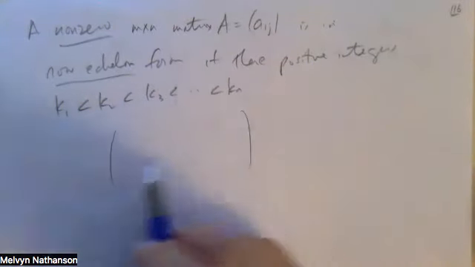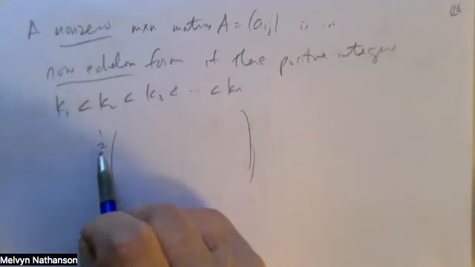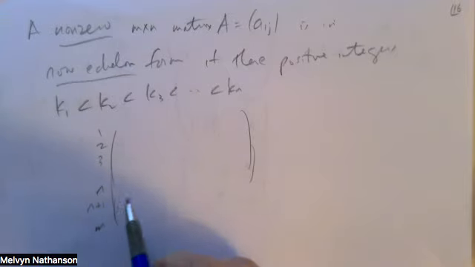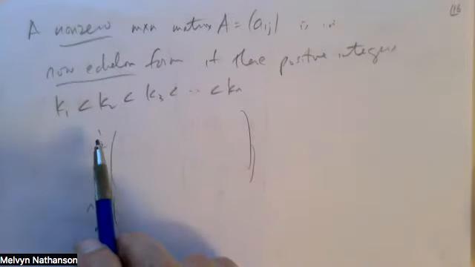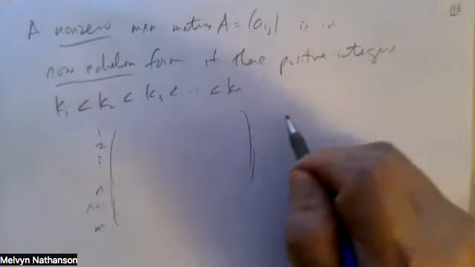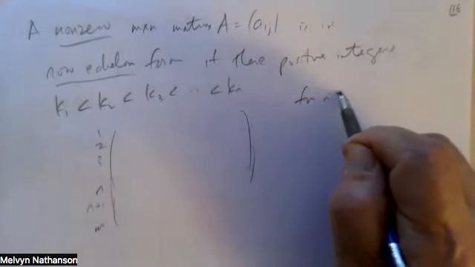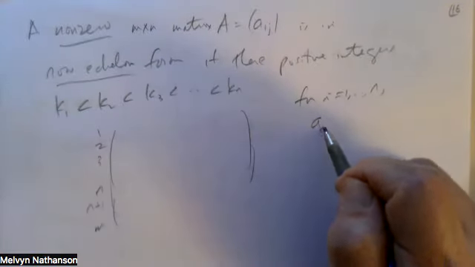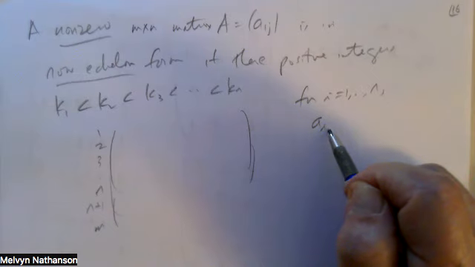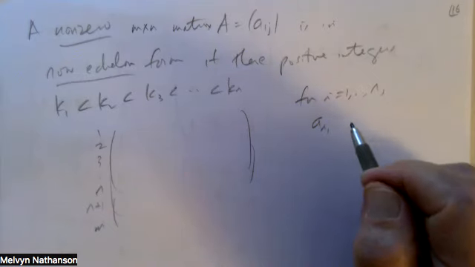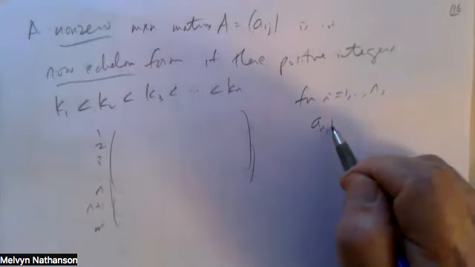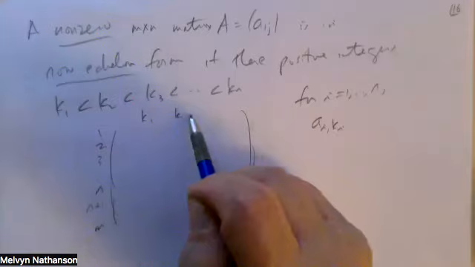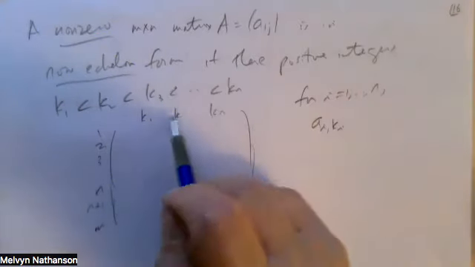So we're looking at our matrix, and we have the first R rows, but altogether they're M rows. So for I going from 1 up to R, the entry A sub I, k sub I. So we have k1, k2 up to k sub R. These are increasing numbers.